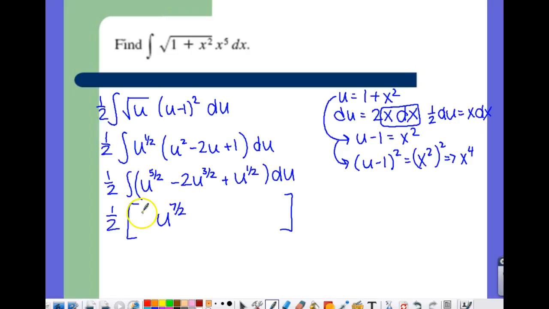And I'm just going to flip my fraction now. Remember, you could write divided by 7/2, but that's the same as multiplying by 2/7. Minus, this is going to become 5/2. And now you have to multiply 2 by 2/5. So I get 4/5. 1/2 will become 3/2, just like multiplying by 2/3.